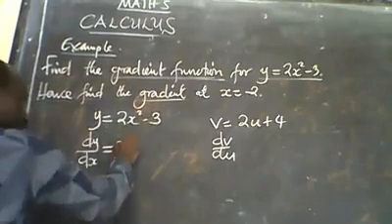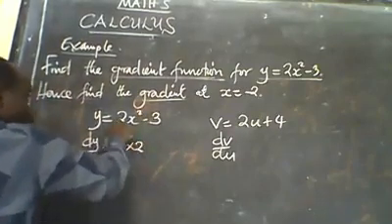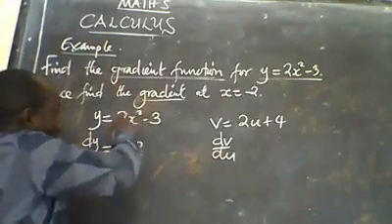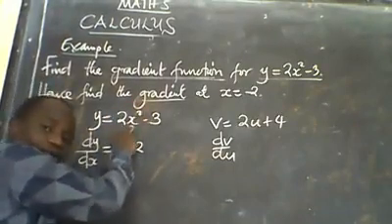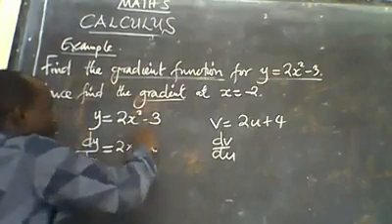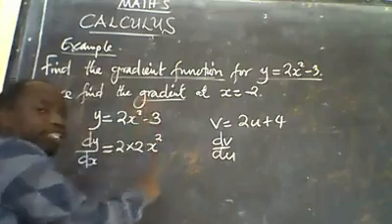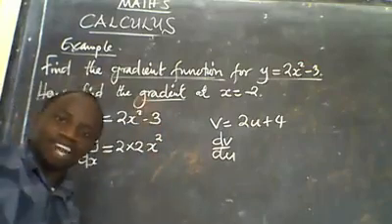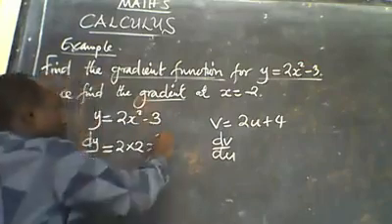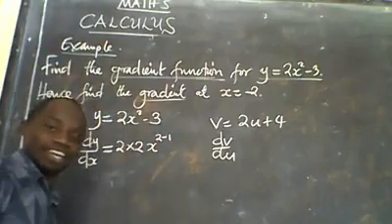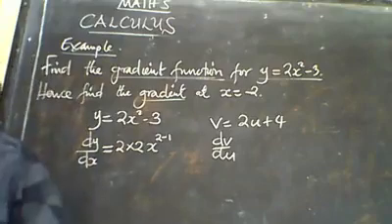I'll write it slowly: 2 times 2. And then after multiplying, I'll write the variable x. This x has got power 2. Always subtract 1 from the power.